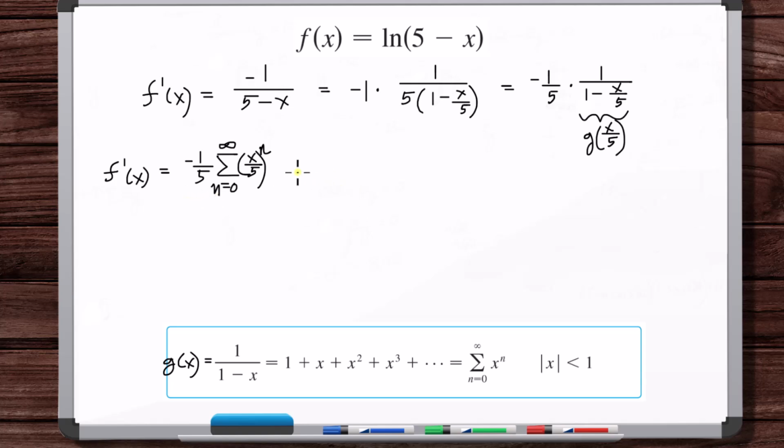And so we know that this is equal to, okay, and the idea is, if we integrate both sides, we know that the integral of this here is, well, let me put dx.